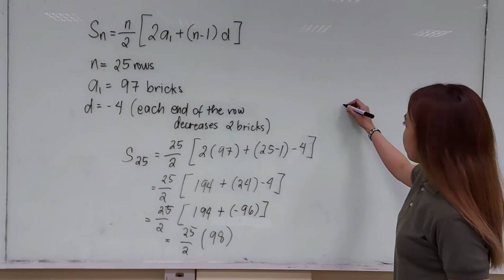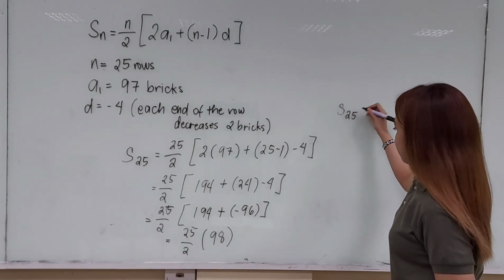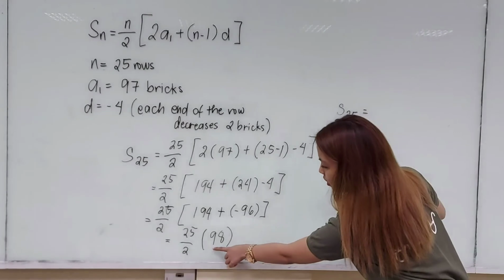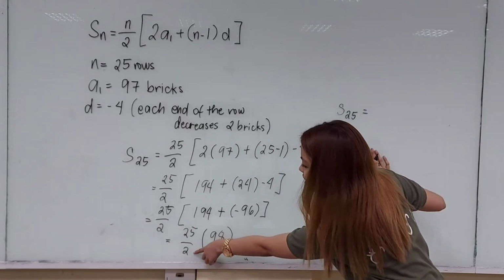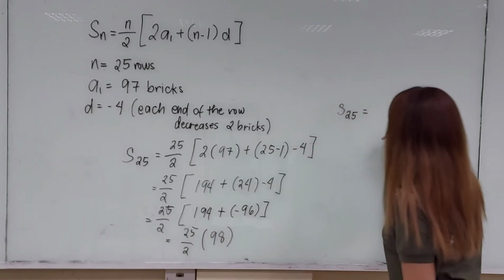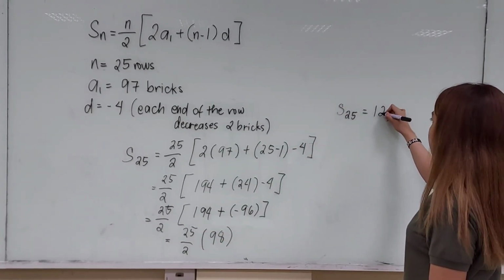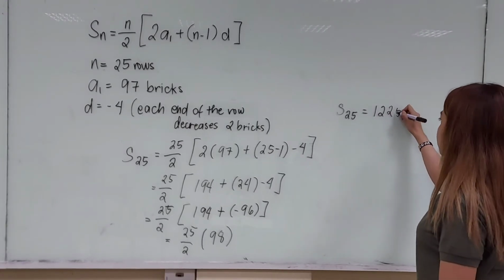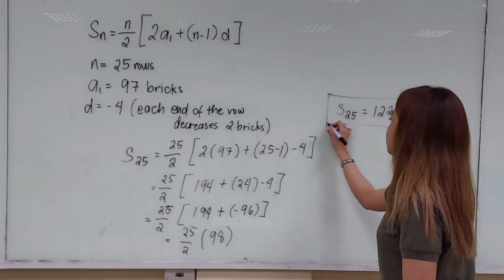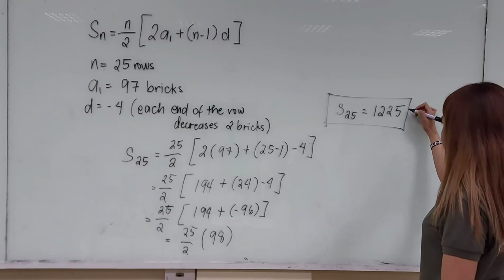Okay? So our S sub 25 is equal to 98 divided by 2, which is 49, times 25, which is 1,225 bricks.